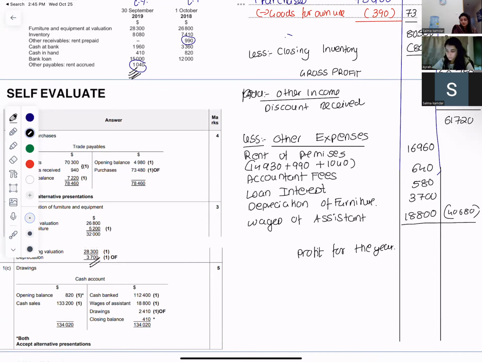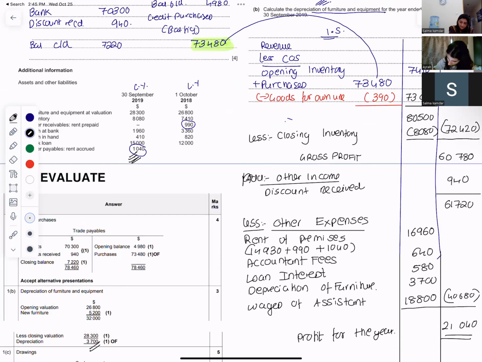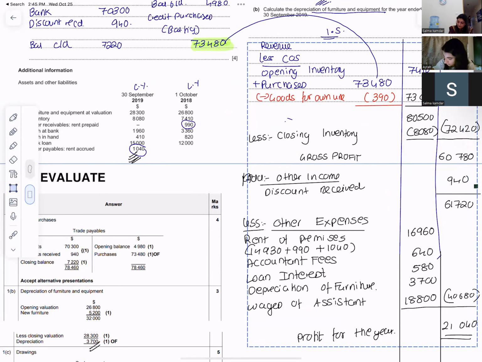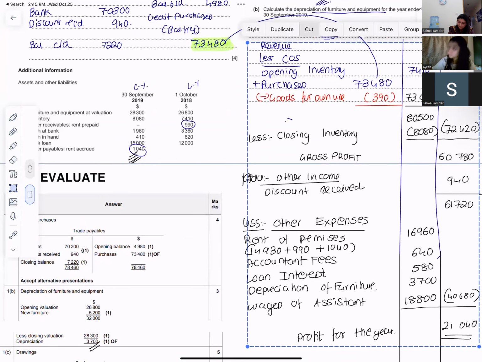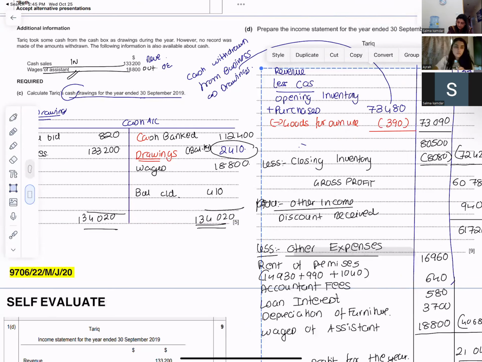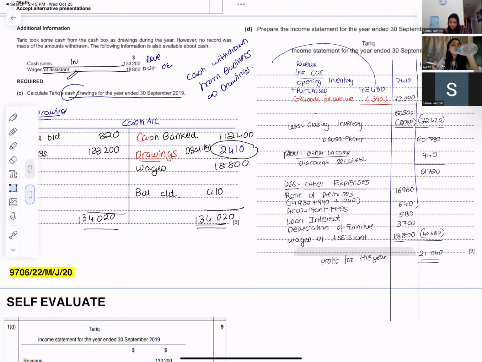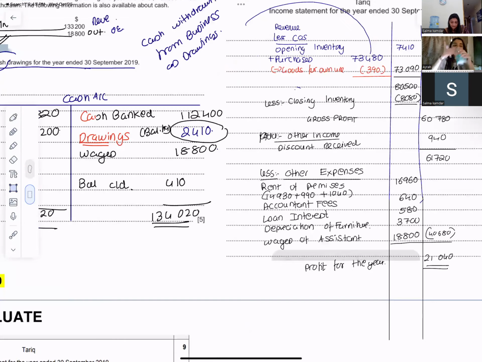How much is profit for the year? 21,040. So you made the income statement.